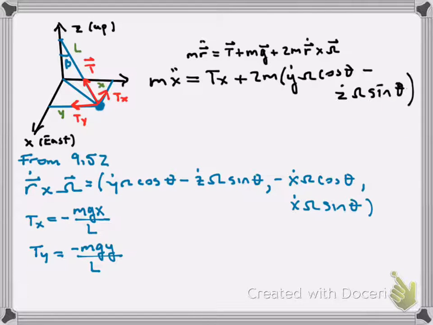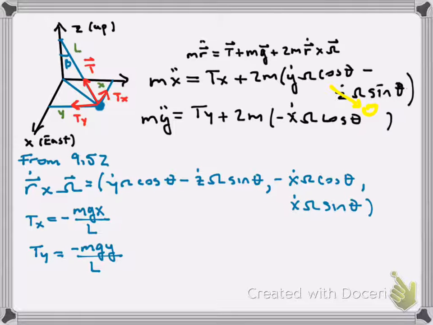Except in this scenario, z dot is very small, so z is not changing very much. So we get rid of this whole second part of this term. And then for the y equation, we have my double dot is equal to Ty plus 2m, and then the y component was minus x dot omega cosine theta. So that's written in here.